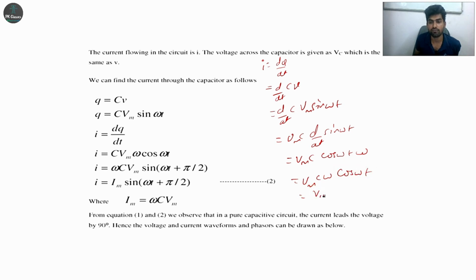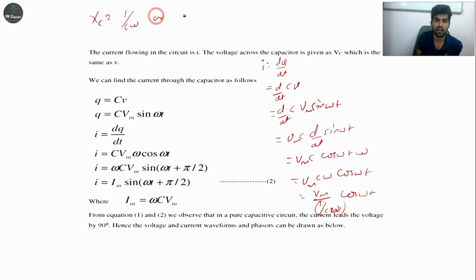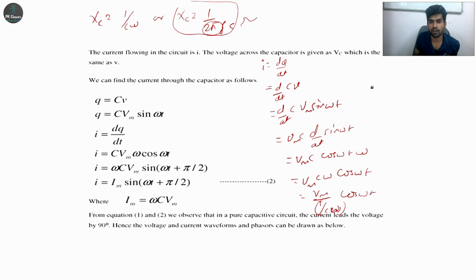So I can write Vm by 1 by C omega, cos omega t. This part I'll write as XC. So XC is equal to 1 by C omega, or XC is equal to 1 by 2 pi f C, where 2 pi f is omega and C stays as it is, in ohm. So I is equal to Vm by XC, and cos omega t I can write as sin(omega t plus pi by 2).